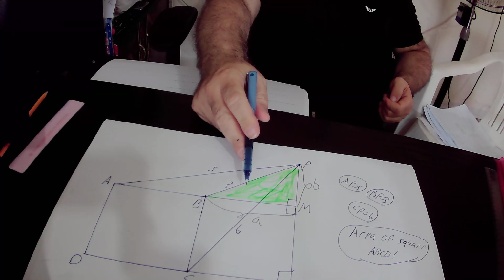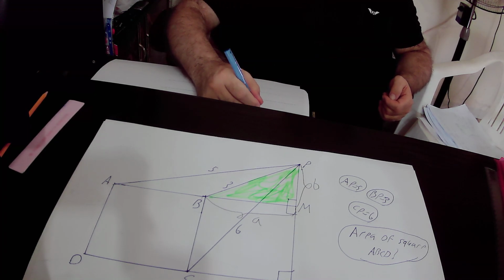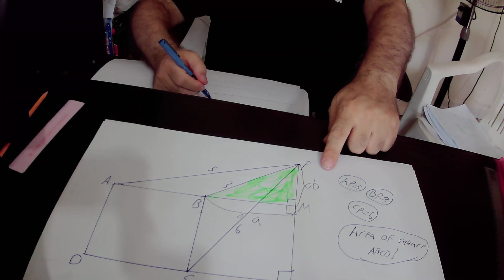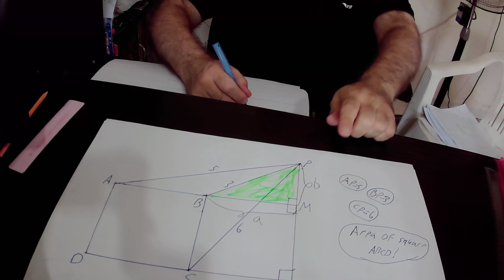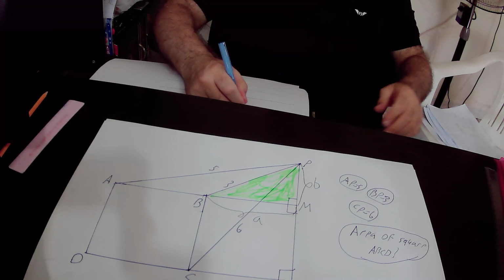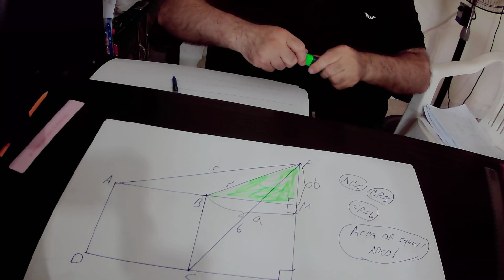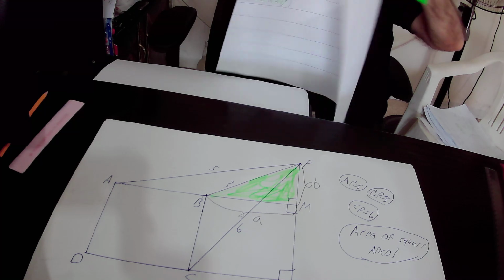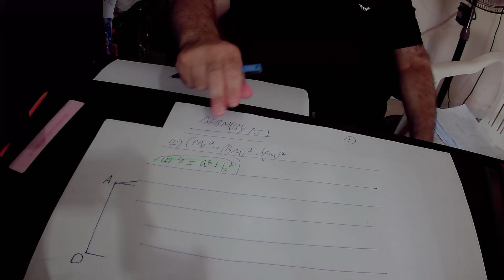BM equals a according to our definition. Therefore, BM squared will be equal to a squared plus PM squared. PM equals b according to our definition. Therefore, PM squared will be equal to b squared. So, in conclusion, according to equation number 1, we found out that a squared plus b squared equals 9.